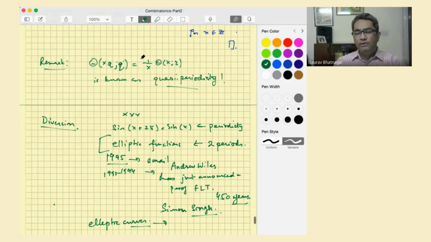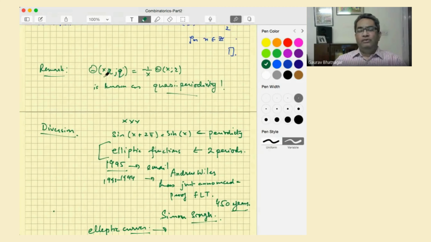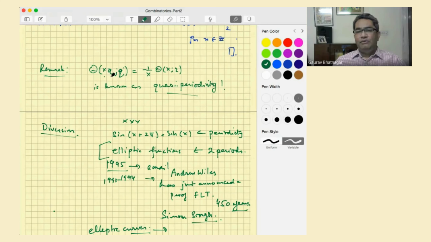And this quasi-periodicity plays a nice role. You want to somehow cancel it. If you take products, if you take 2 of them, I can cancel it. If I take 4 at top and bottom, I can cancel the x's which come out. And then I get a periodicity of the kind where I'm replacing x by x q. So if I replace x by x times 1, that's 1 period, and x times q is another period.